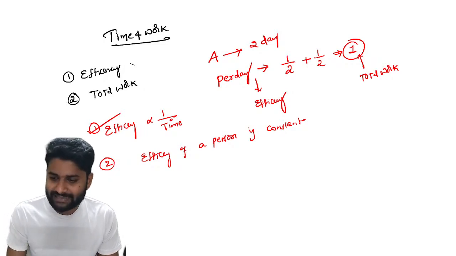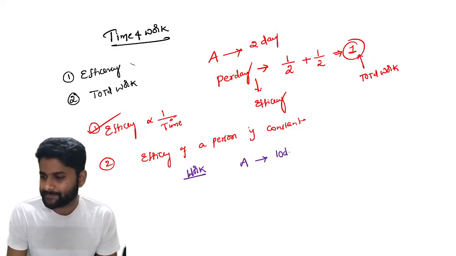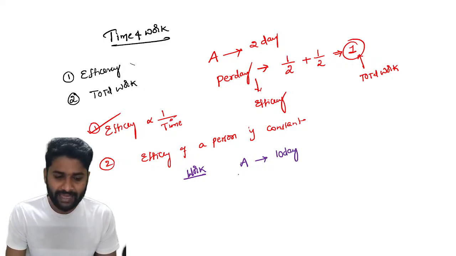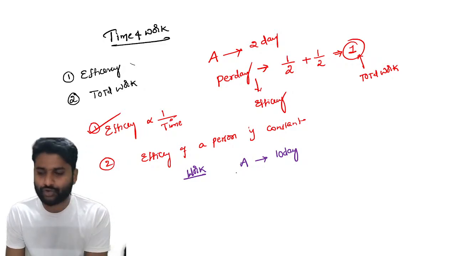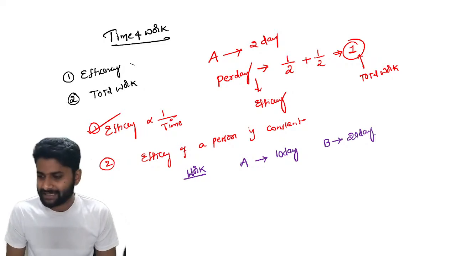Now let us understand this question. There is a work. A takes exactly 10 days to finish the job. And for the same work, I am taking a different person, B, who takes exactly 20 days. Guys, A takes exactly 10 days, B takes exactly 20 days to finish the work.